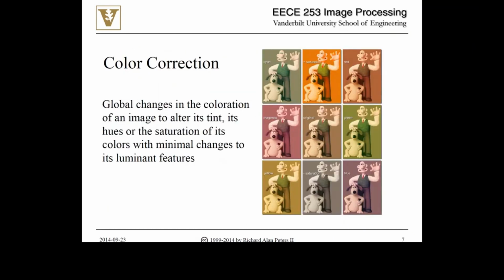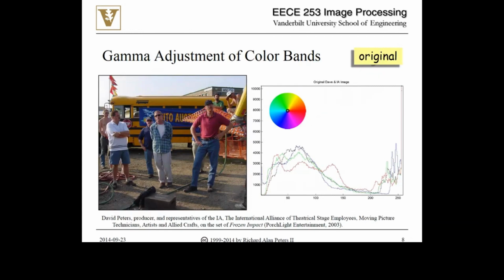Then, let's change the color of an image in different ways. So you may remember this color circle that we were discussing yesterday, and the ordering of the colors in the circle.